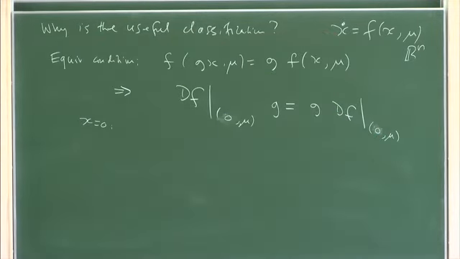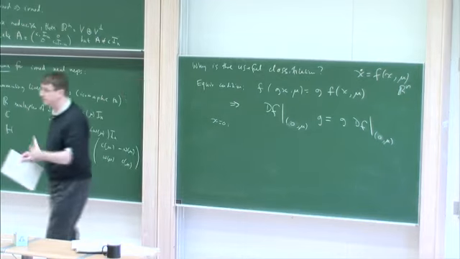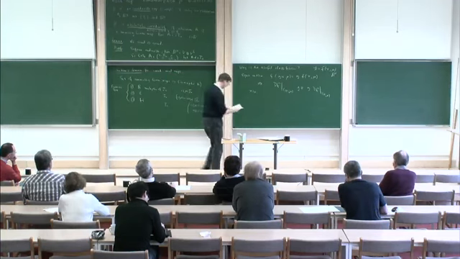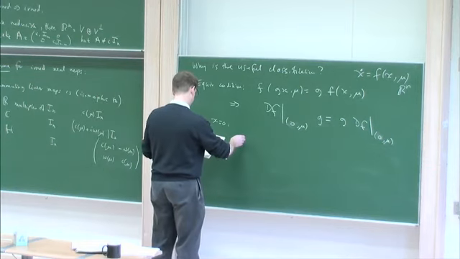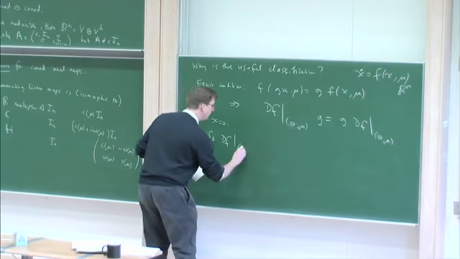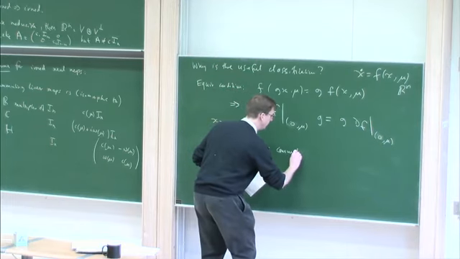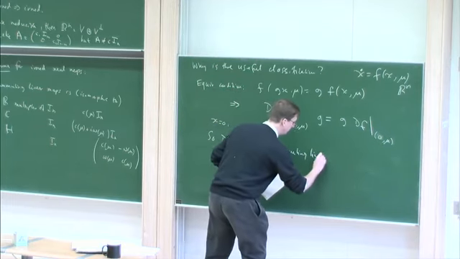So I have a natural commuting linear map, which is the linearization of my differential equations at the origin. So df at 0, mu is a commuting linear map.